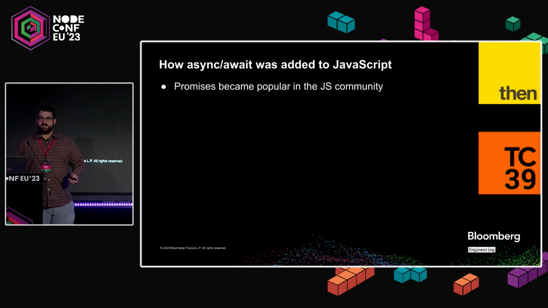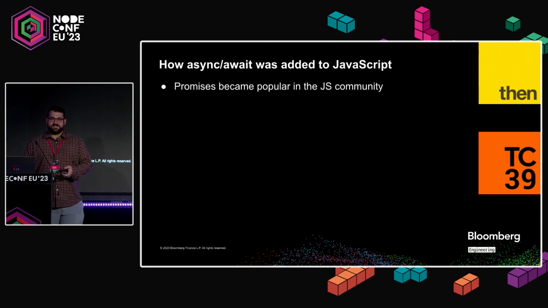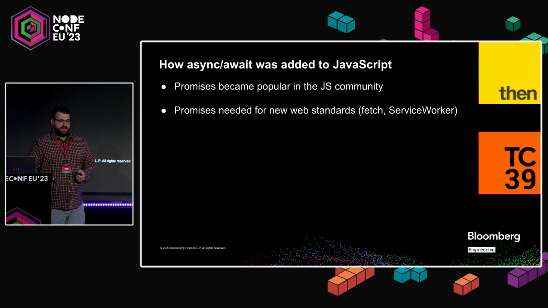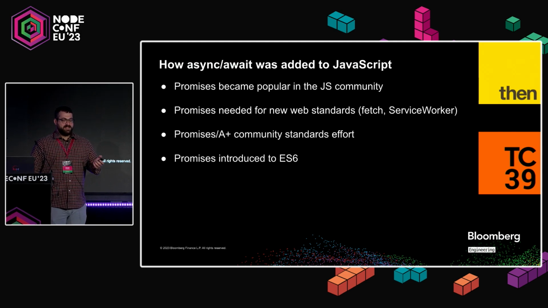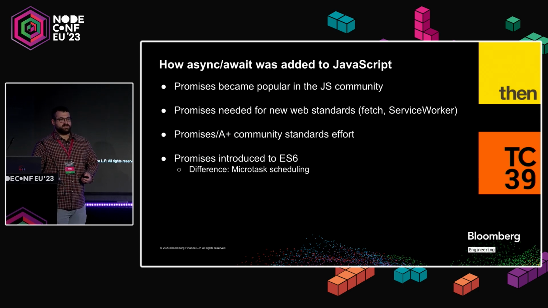First, as described in the previous talk about CommonJS, promises became popular in the JavaScript community, and simultaneously they were needed for web standards. So the Promises/A+ community effort happened, and that ended up becoming promises in ES6. There were some little differences, like microtask scheduling, and other differences in how the then method does chaining, but it's not so important.